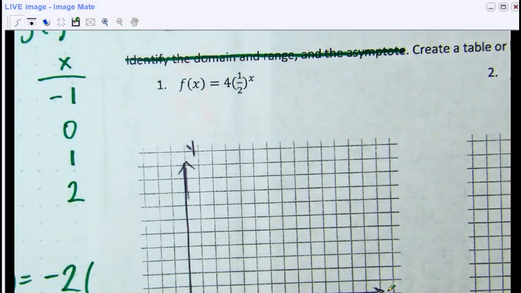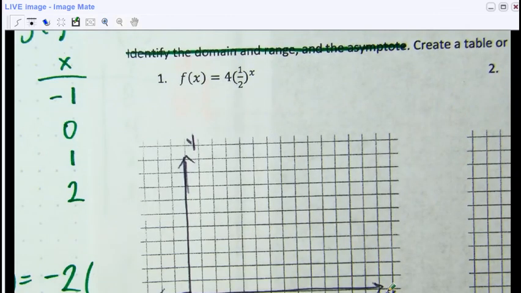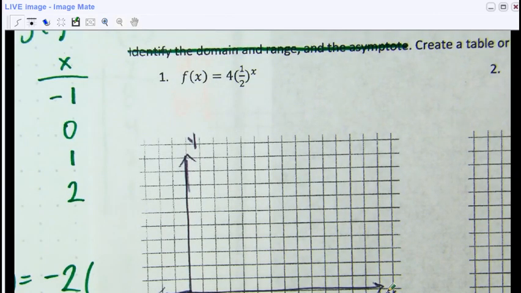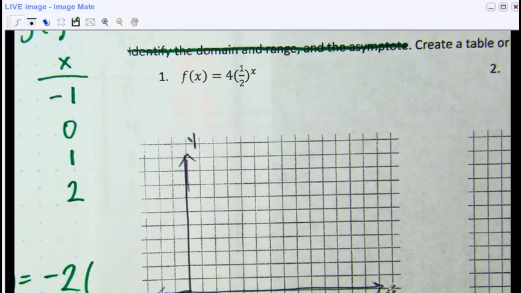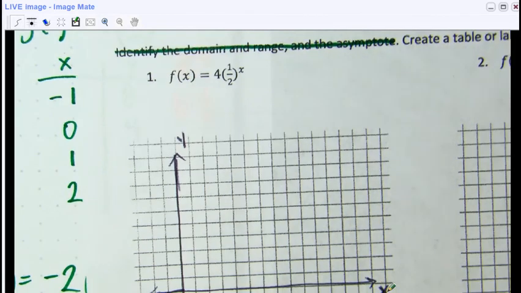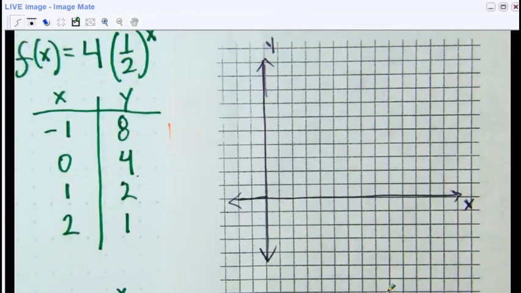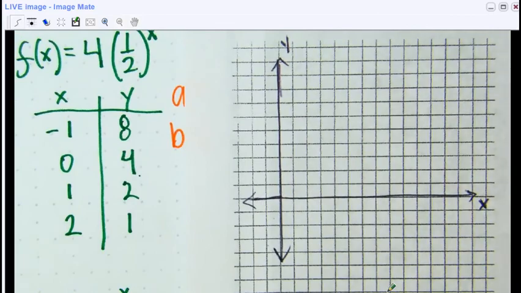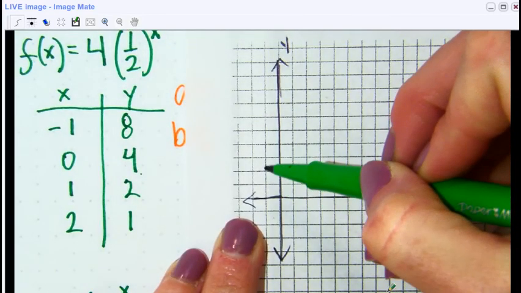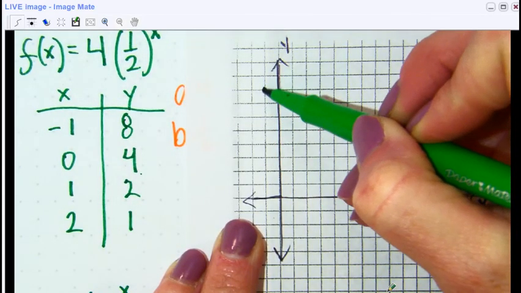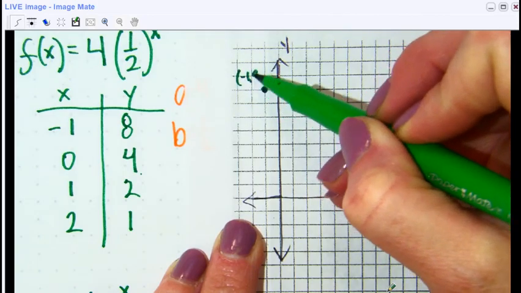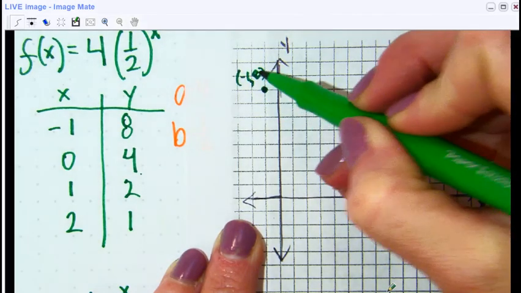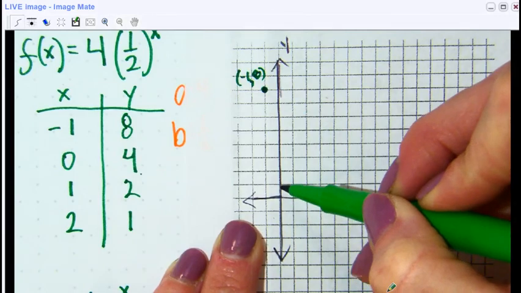It says create a table or label your points on the graph with the ordered pairs. You're going to do both. It doesn't take much longer. So definitely make a table. You can do it in your notes, or you can find room on this page. Definitely plot the points and label the points. So for our first one, 4 times 1/2 x, just make sure you label your ordered pairs and then graph your curve.